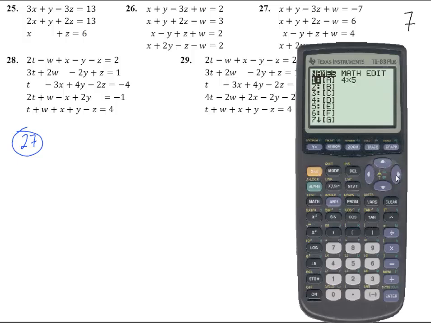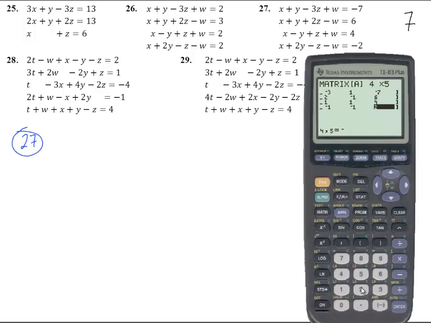Go back into the matrix. Edit matrix A. It's still going to be a 4 by 5. Okay, so we've just entered in all of these numbers. It was a very similar matrix to this one, so the end answers over here needed to be changed. And quit. And we do RREF of A again.